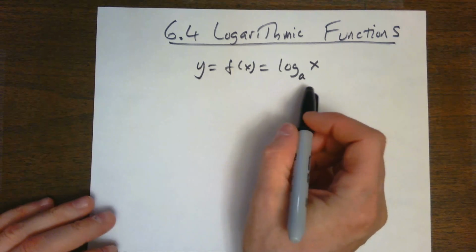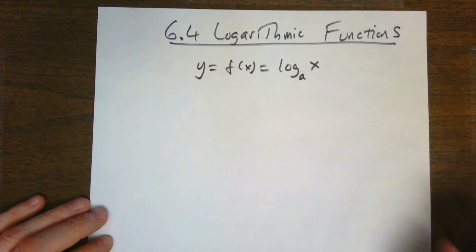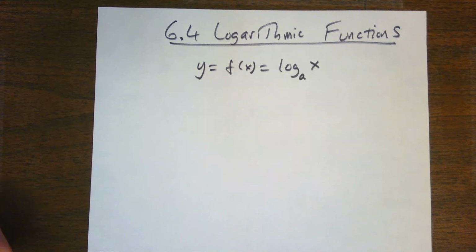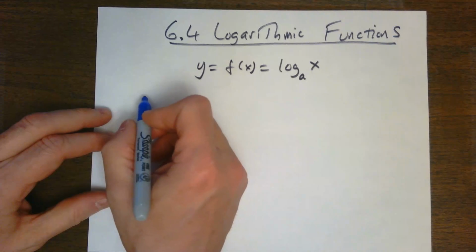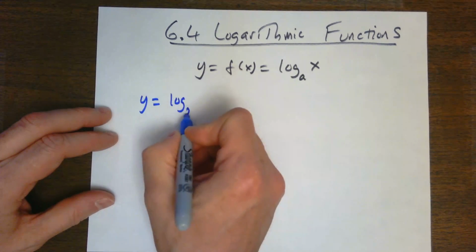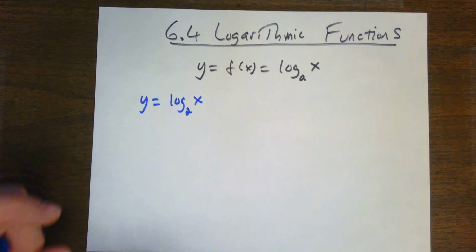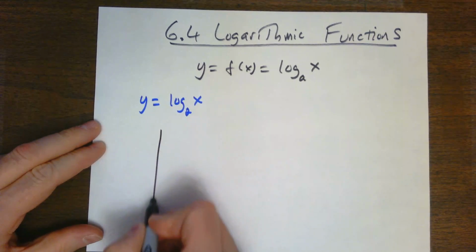Now, if we think back to our library of functions, we know that there really are two different variations here. Just like with the exponential, where we had exponential growth and exponential decay, we can have logarithmic growth and logarithmic decay. If I have, for example, my parent function y is log base 2 of x, I'm going to have logarithmic growth.